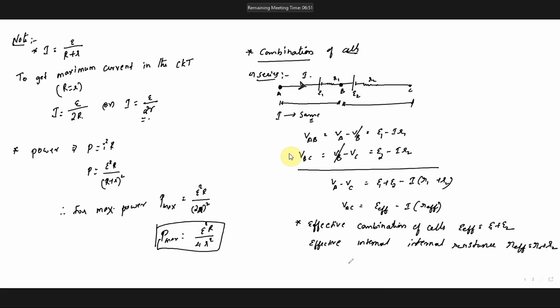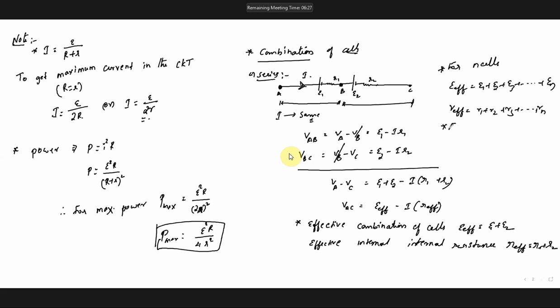Now, for example, if I take N cells, then E effective can be taken as E1 plus E2 plus E3 and so on plus En. And similarly, R effective can be taken as R1 plus R2 plus R3 and so on plus Rn.